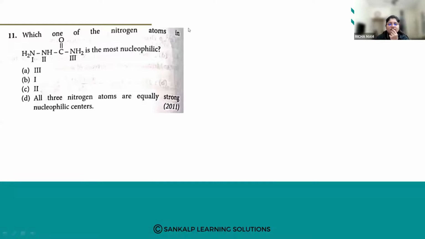Which one of the nitrogen atoms in this is most nucleophilic? A, third one; B, first one; C, second one; and D, all three nitrogen atoms are equally strong nucleophilic centers. So let me write the structure. This is the structure: NH2, NH, C double bond O, NH2.